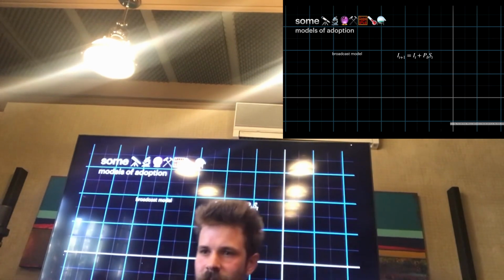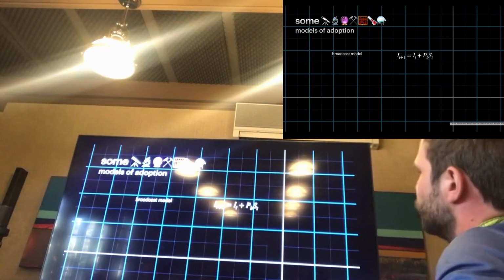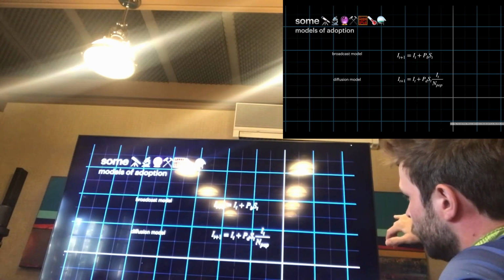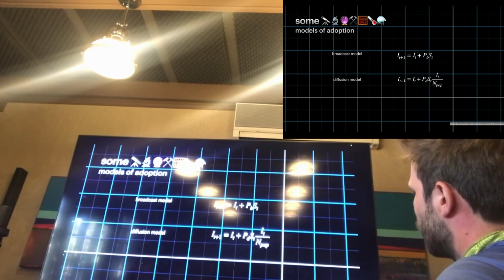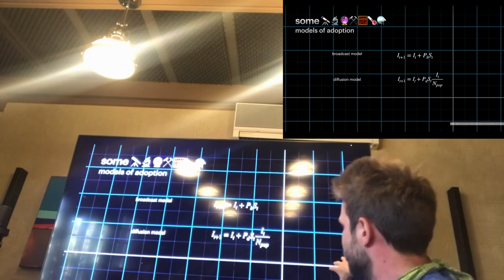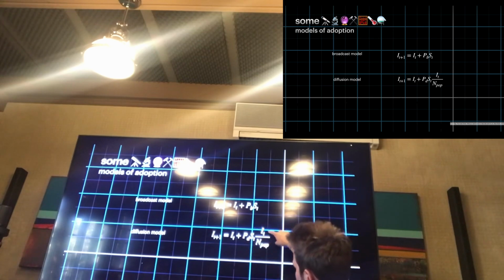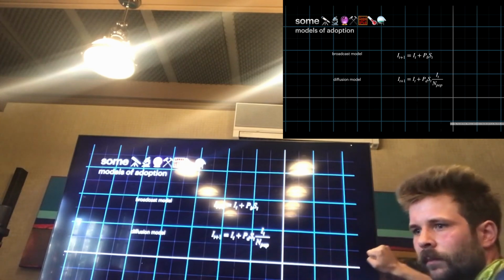Goes like that. But then there's also the diffusion model, where this comes from the idea that people adopt something based on those in proximity to them, and then the aggregate is the probability of diffusion times the susceptible population multiplied by the fraction of the population that's already infected.